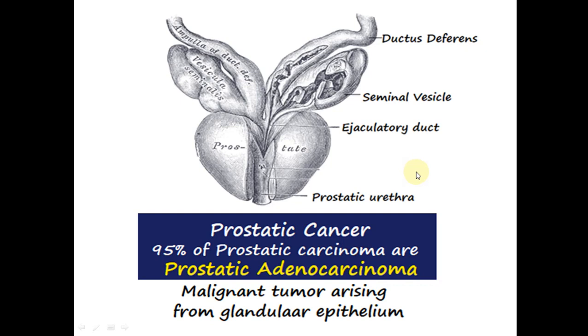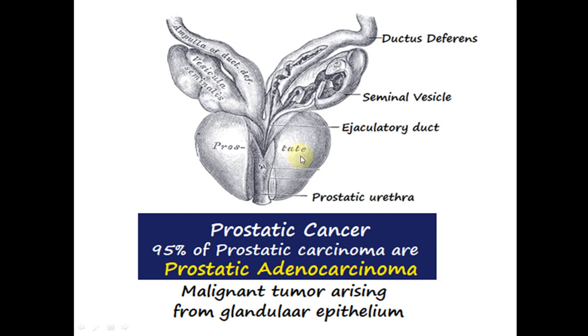We know that the prostate gland is the accessory sixth gland of the male reproductive organs, and the prostatic secretions make the male semen alkaline, so that it may have better survival in the semen inside the acidic medium of the female vagina, and it gives a longer life to the spermatozoa.